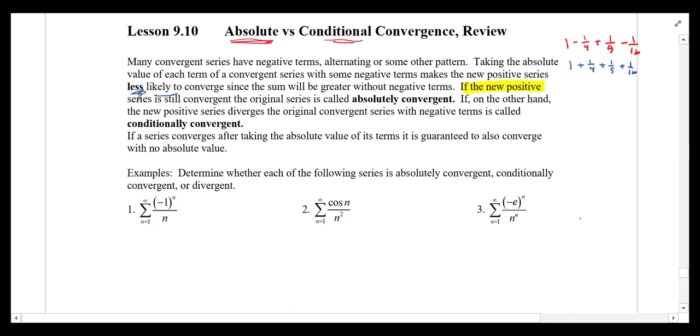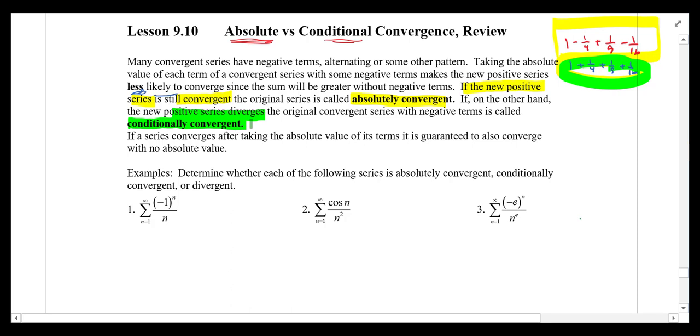Now, here's the thing. If the new positive series is still convergent, then we call the original series absolutely convergent. So if this blue one here is also convergent, then I say, oh yeah, that original series is absolutely convergent. If, on the other hand, the new positive series diverges, then we don't use the word absolutely convergent, we use the term conditionally convergent.